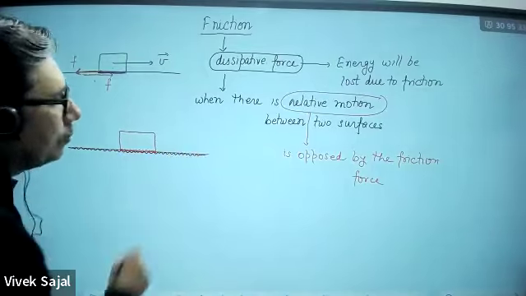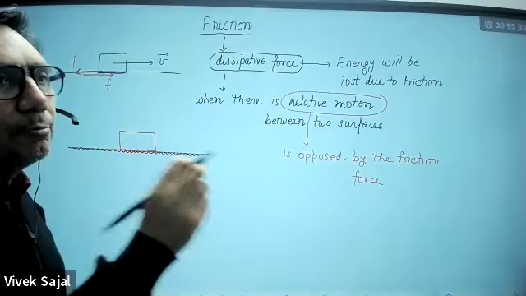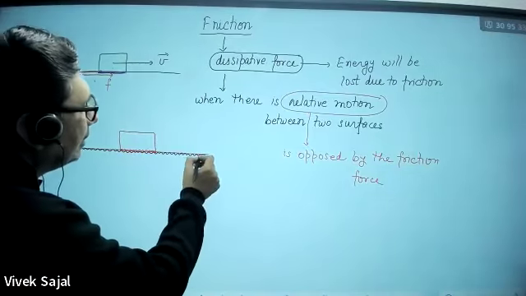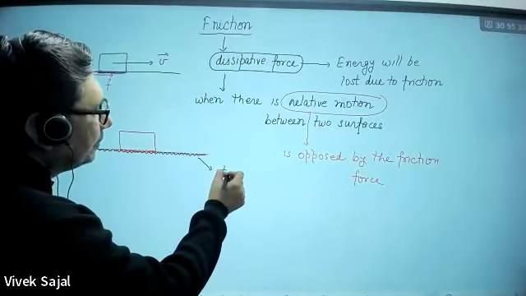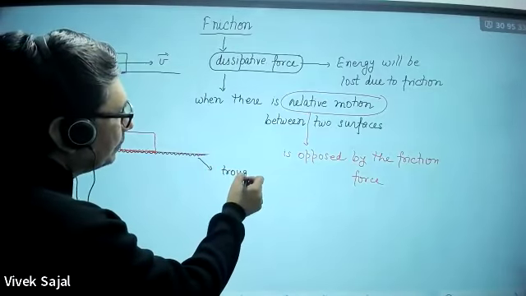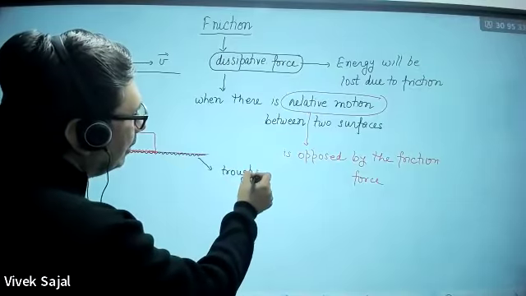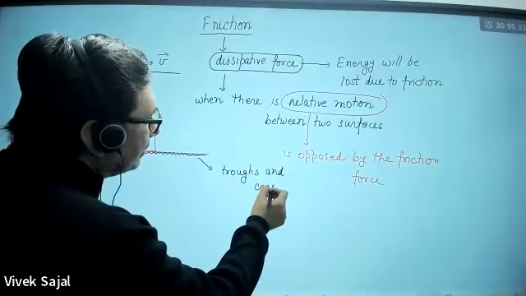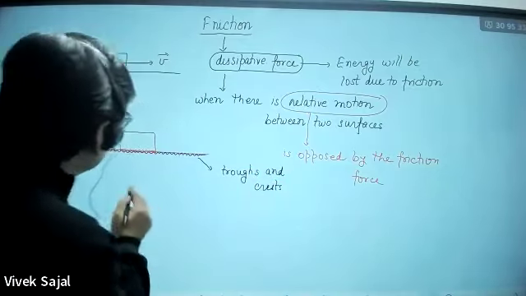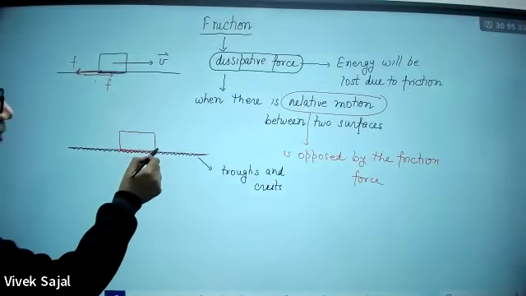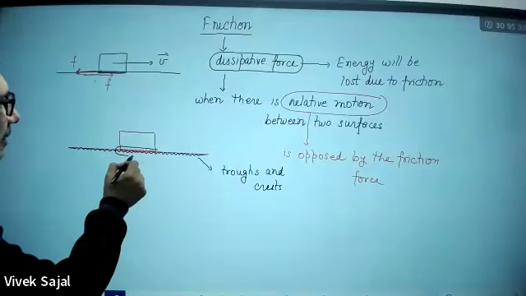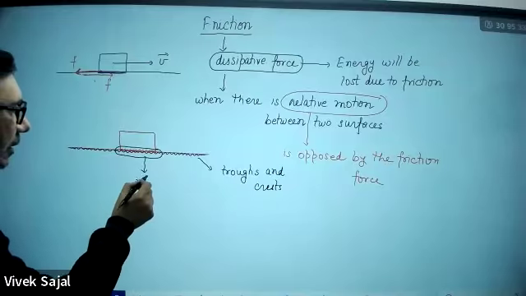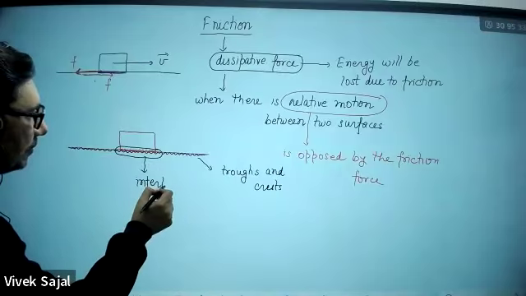From our normal looks, these surfaces appear smooth, but if you look at the microscopic structure, there are troughs and crests. So there will be interlocking in this region.